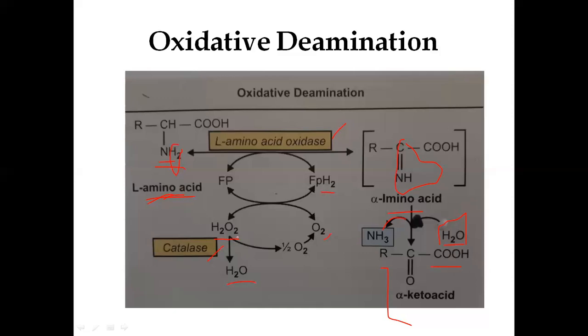But the carbon skeleton of the L-amino acid will be converted into the alpha imino acid, wherein we find C double bond NH. Now, this imino acid combines with a molecule of water and removes the NH in the form of NH3, and it will retain the carbon skeleton, that is the alpha keto acid. This is regarding the oxidative deamination.